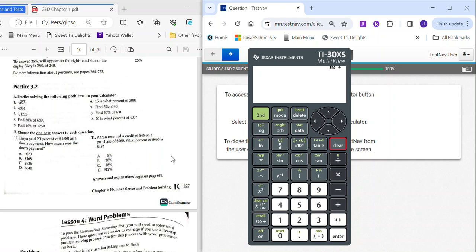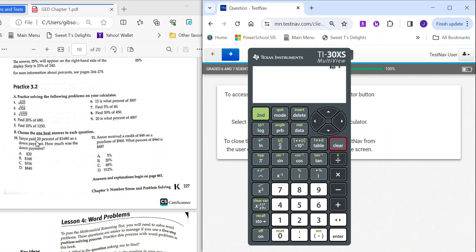So problem 10, the directions say choose the one best answer to each question. Number 10 says Tanya paid 20% of 1,680 as a down payment. How much was the down payment? So basically, what we're trying to do is like number 4. We're trying to find 20% of 1,680.